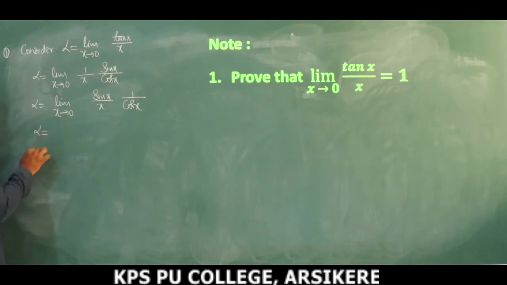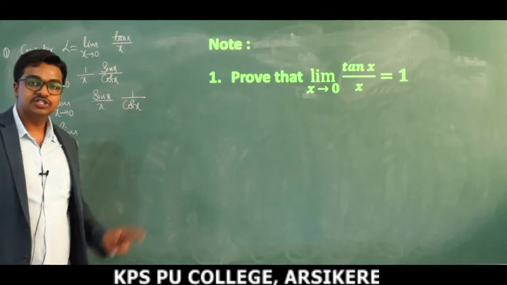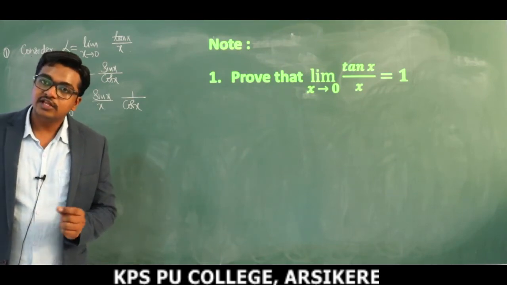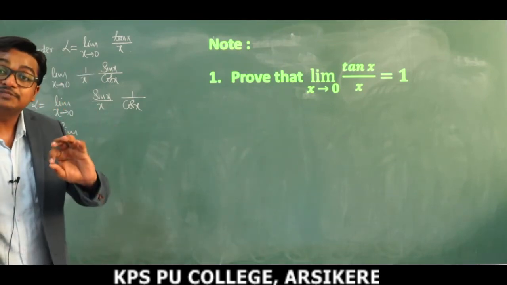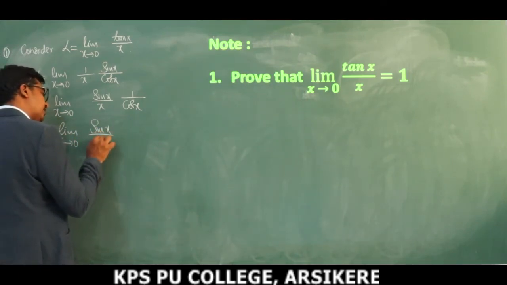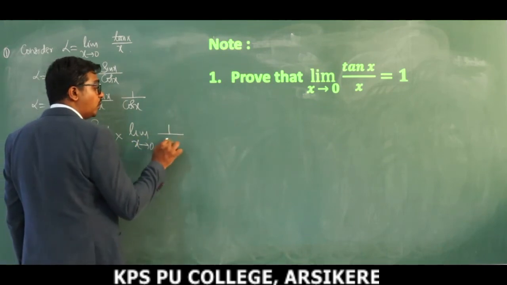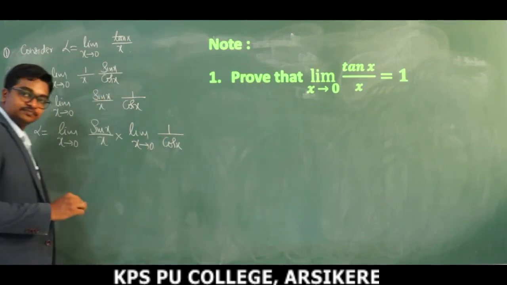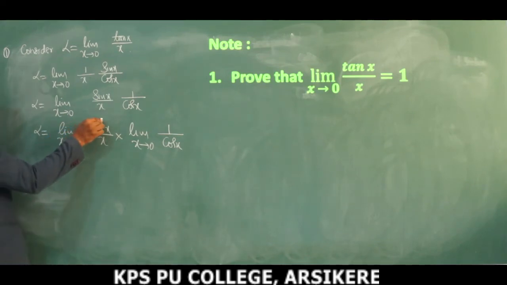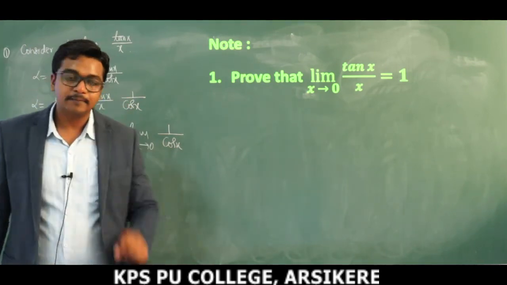Therefore L is equal to limit as x tends to 0 of, it is just like f of x into g of x, a product of two functions. So either we can directly apply the limits or split the limit. This can be written as limit of sin x divided by x into limit as x approaches 0 of 1 over cos x. For this one we have a standard result: limit as x approaches 0 of sin x divided by x is 1.